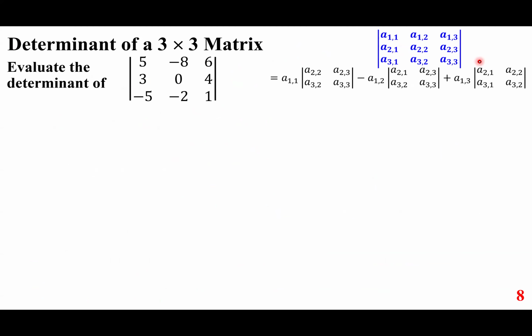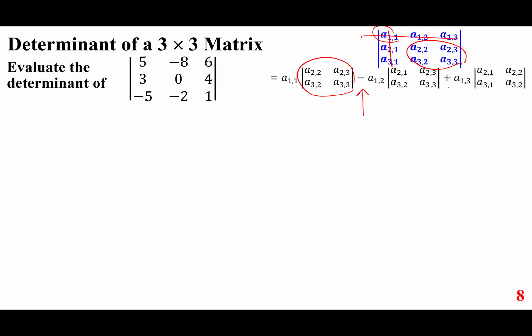So the way it works, if we go with the first one, you cross out the first row and the first column, and what is left is this. So A11 times that. Now the sign alternates.